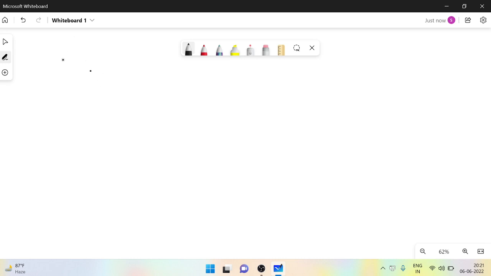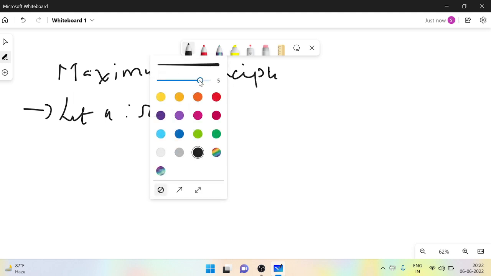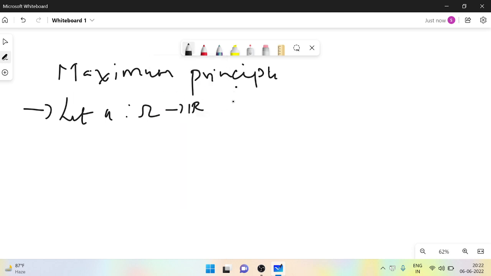Now I'll start with the maximum principles. Let u be a continuous function on omega such that it can be extended to the closure of omega.